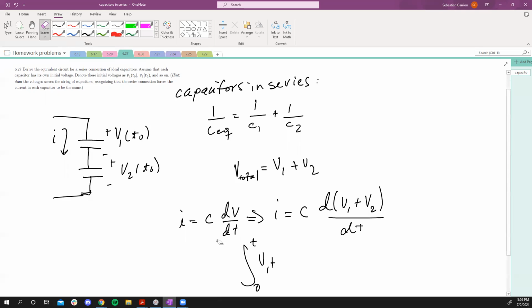Well, the integration across these capacitors with respect to time would look like this.